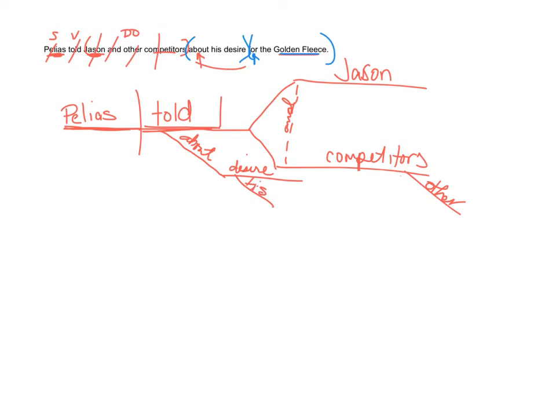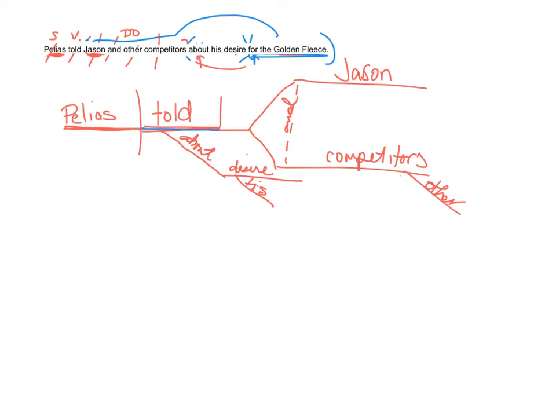Okay, now we have for the golden fleece. Does for the golden fleece describe told? Well, could you take out this prepositional phrase? Does this prepositional phrase have a direct relationship with the telling? Could you say, Peleus told for the golden fleece? No. You can say Peleus told about his desire because those are directly related.